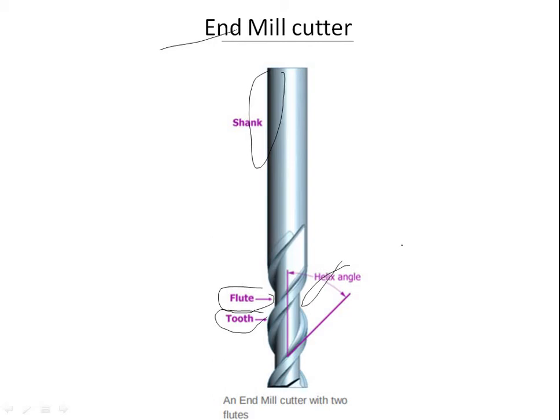So a 4-tooth cutter can remove material at twice the rate of a 2-tooth cutter. Once again, a 4-tooth cutter can remove material at twice the rate of a 2-tooth cutter.